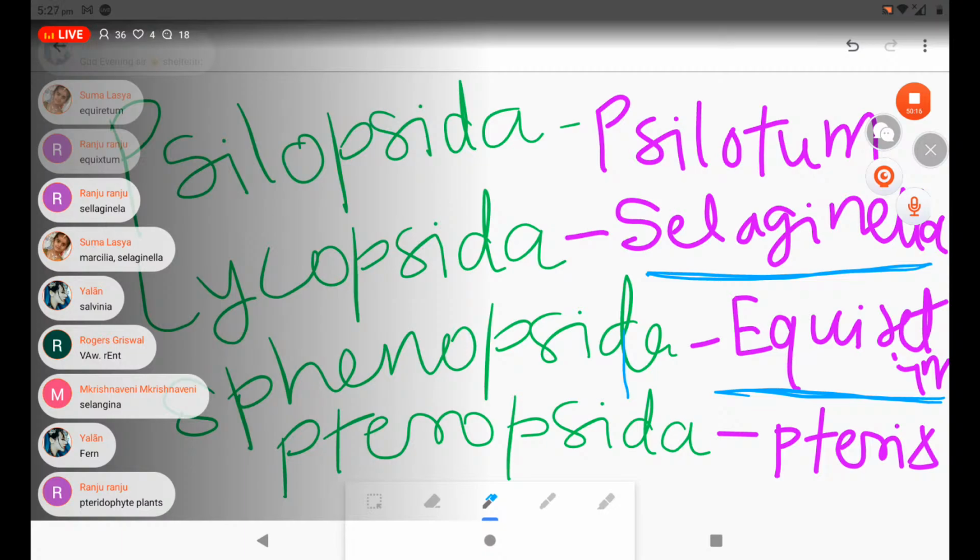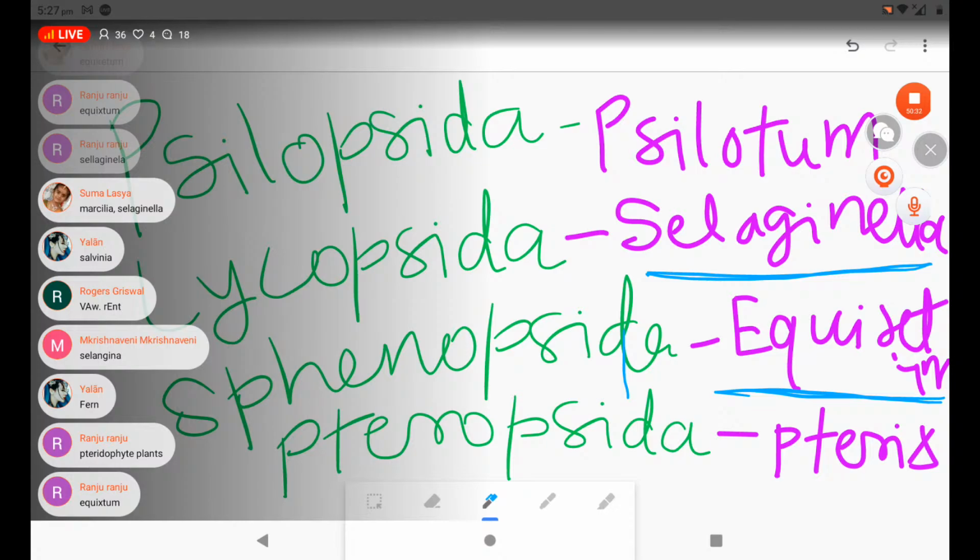That means only one type of thallus can be seen: one type of spores are produced and only one thallus bears both Anthoidium and Archegonium. Yes, Ranju has given it correctly: Equigetum, very good. That means homospores are equal to the same, one thallus only can be taken.